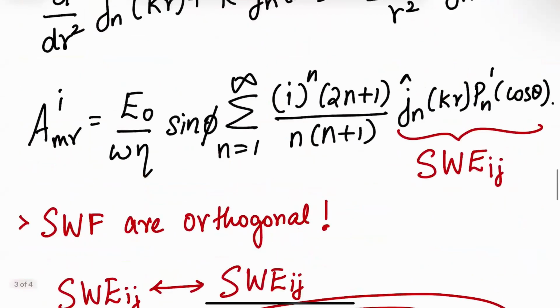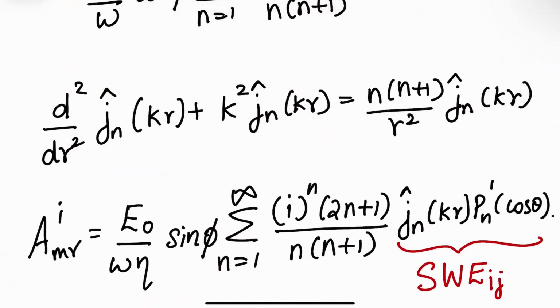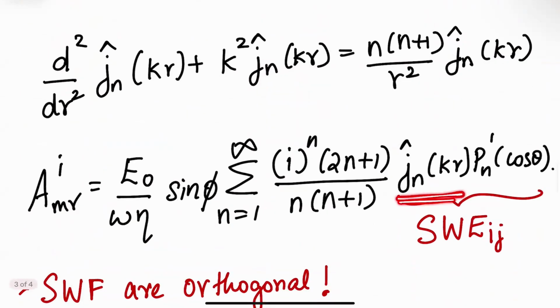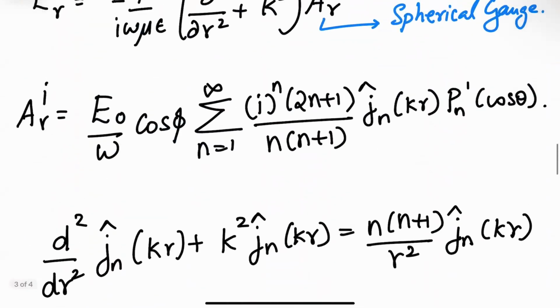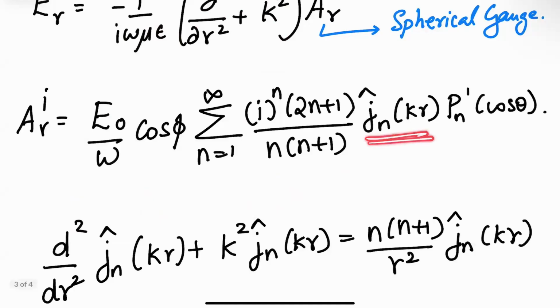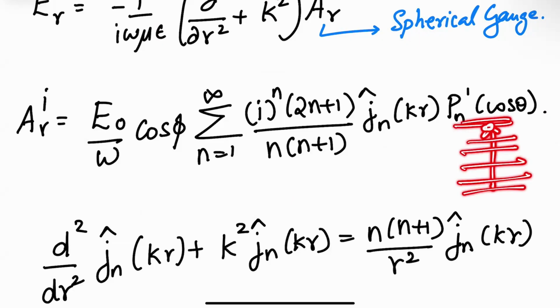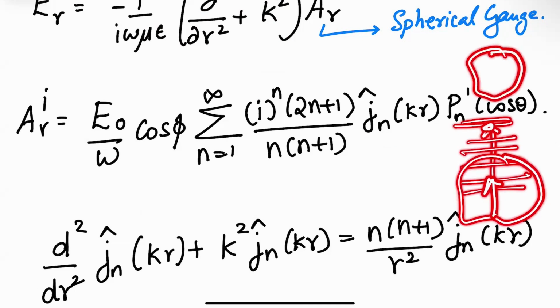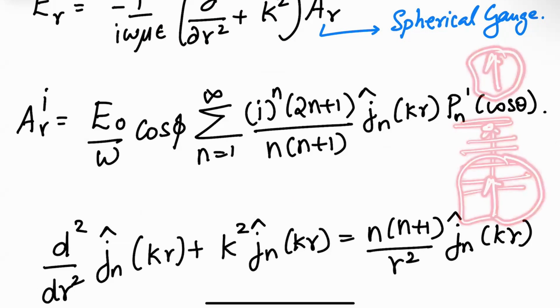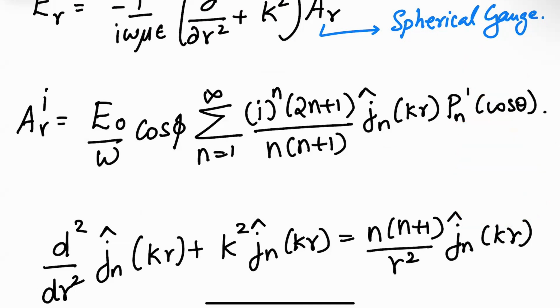Here we saw that we have j_n for both of them, right? Even this one had j_n. The reason this has j_n is because here you have essentially a plane wave coming in from minus z towards plus z. So from the origin, this location, it looks like an incoming wave, and out here it looks like an outgoing wave, right? So you have both incoming and outgoing waves. Essentially, you have a combination of both.